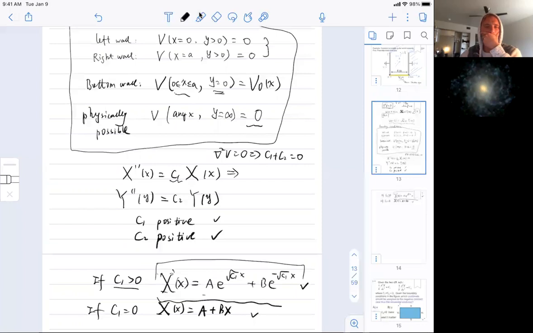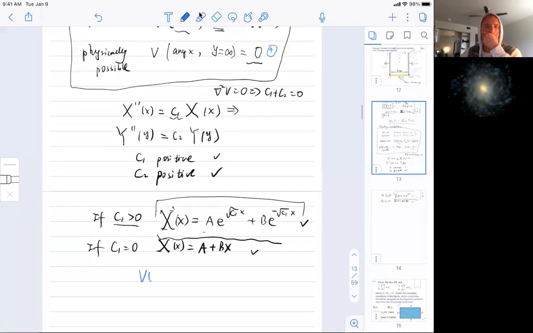And let's see why. Okay, so the first two boundary conditions, 1, 2, 3, and 4, the first two are telling me v at x equals 0 is 0, v at x equals a is 0. Okay, let's say v is a function of x times y, okay?